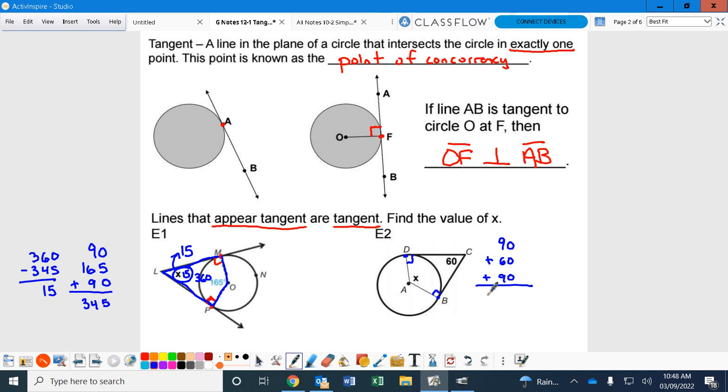What is it? 240? Okay. And then 360 minus that 240 would leave us how much for this angle where the X is? It's 120. And if you can fit it in there, great. If not, you can write it on the outside. X equals 120 so I can see it. Anybody have any questions, concerns, anything about this situation?